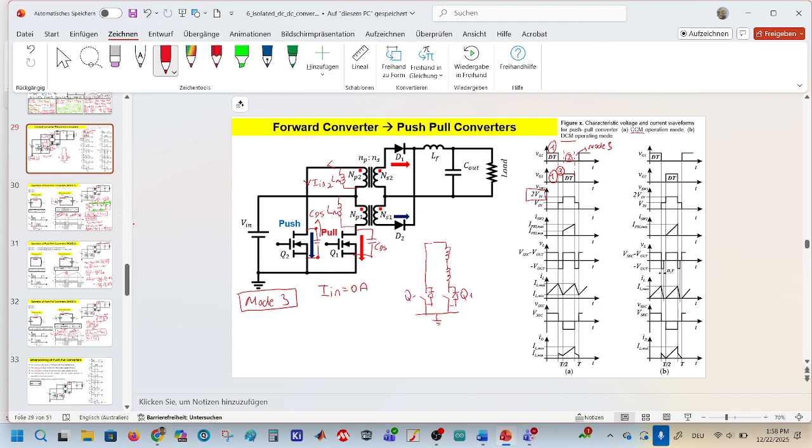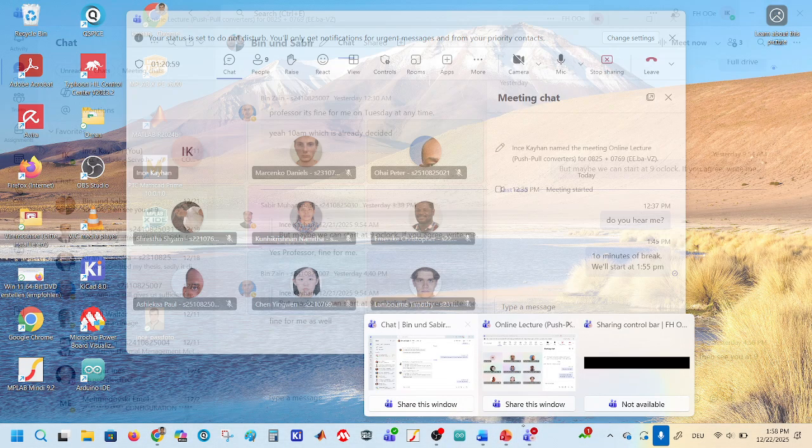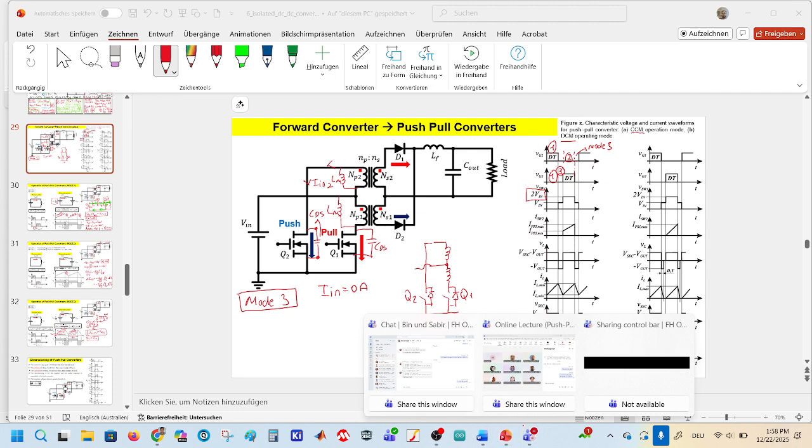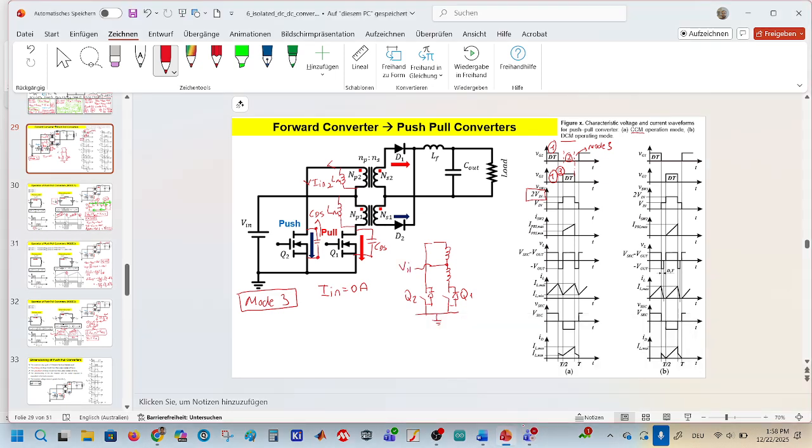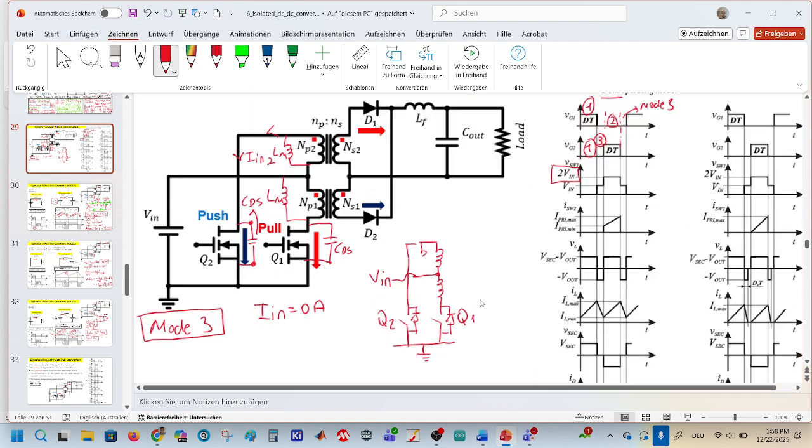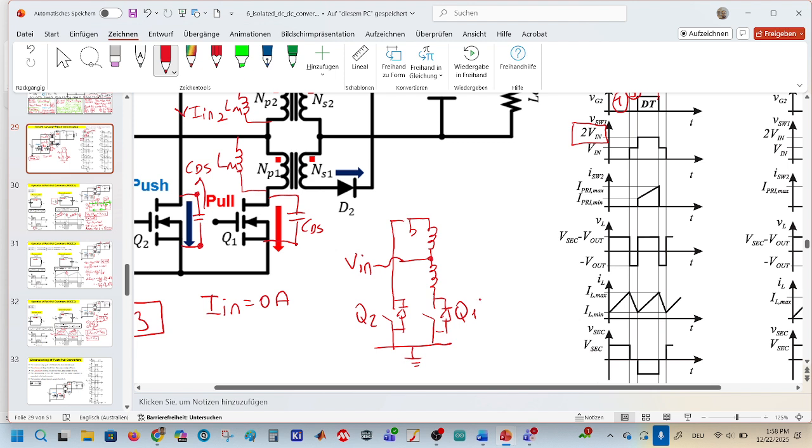Q1, Q2. And this was the center tapped input voltage. P2, P1, second magnetizing inductance, and first magnetizing inductance.